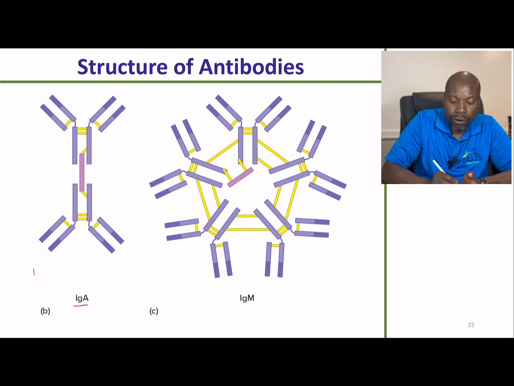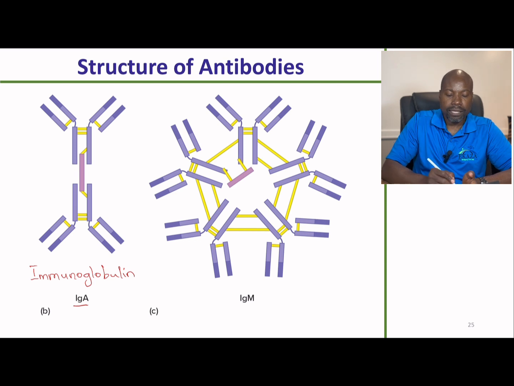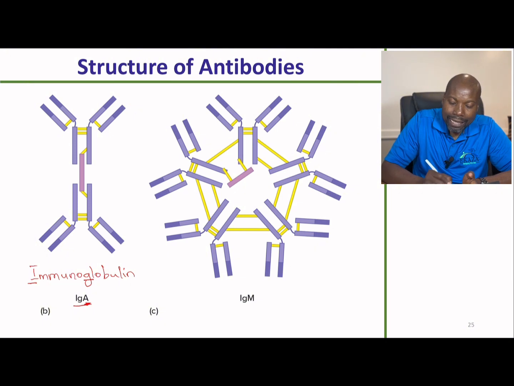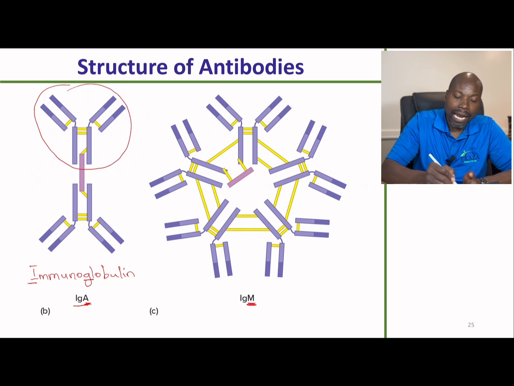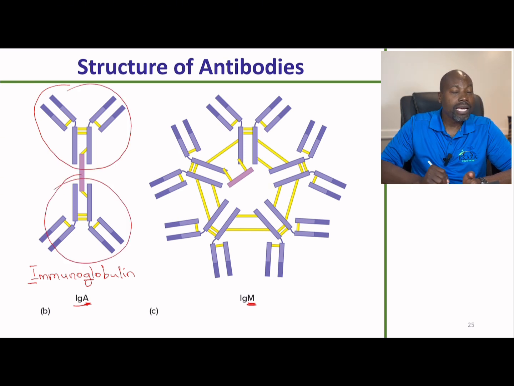Ig stands for immunoglobulin. IgA is immunoglobulin class A. IgM is immunoglobulin class M. Immunoglobulin class A has two antibodies attached to each other.